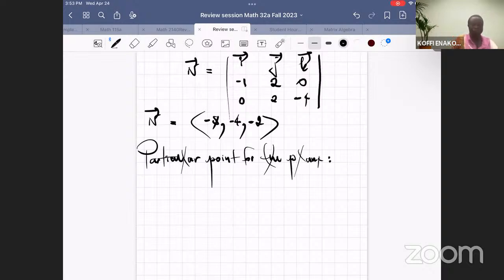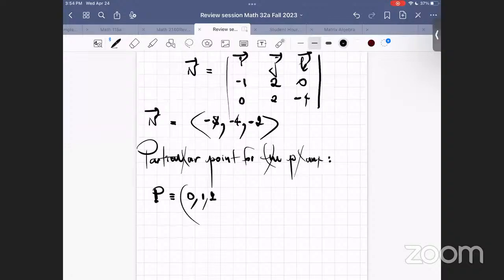Okay. So such particular point P, we can find it in one of the lines. And I'm going to choose one with the coordinates 0, 1, 2.